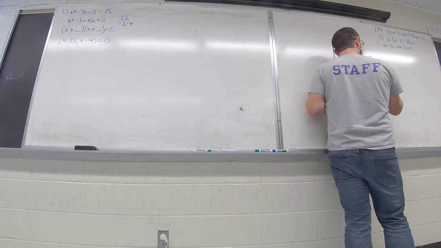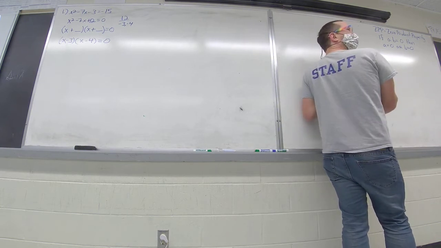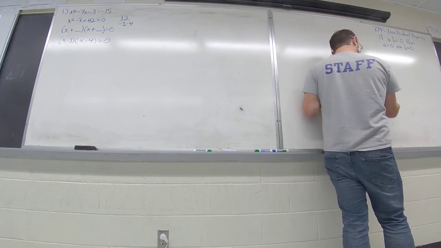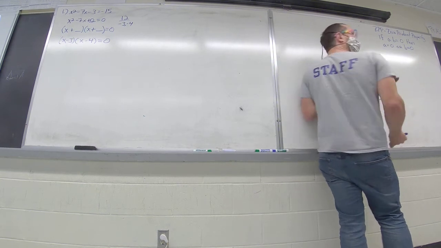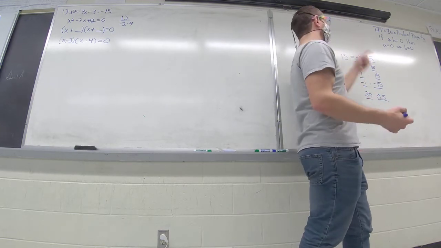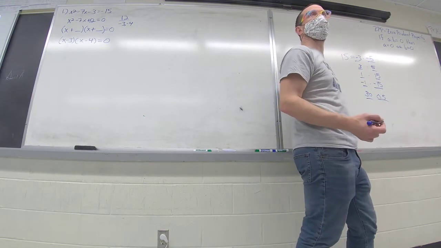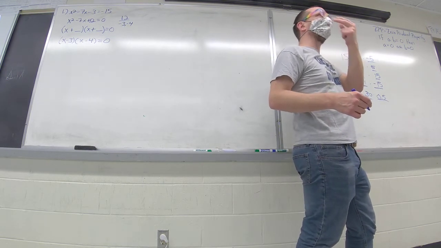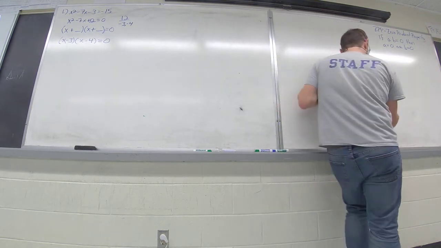Is that the full list? Give me another one. What about 30 times 0.5? Oh, that works, doesn't it? 30 times 0.5 is going to give me 15. How many are there? Give me another one, just so we can really see this. 2 and 7.5, okay.